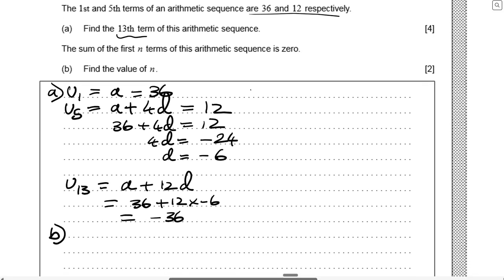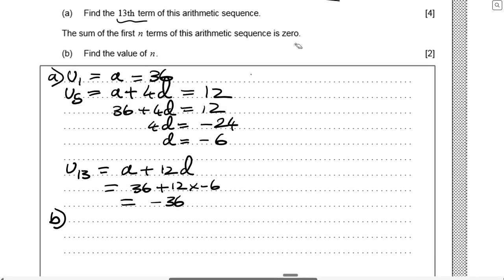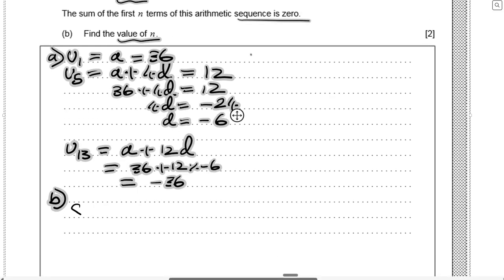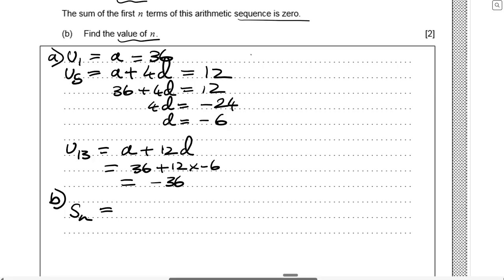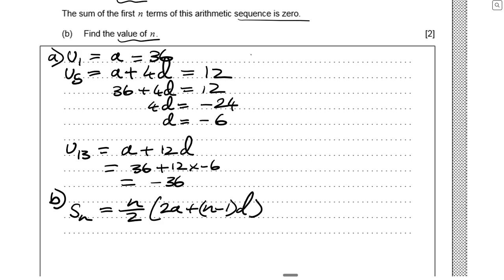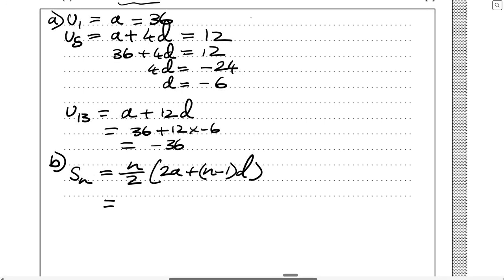The sum of the first n terms of the sequence is 0. Find the value of n. Okay, so the sum is n over 2 times (2a plus (n minus 1)d), and that is equal to 0.